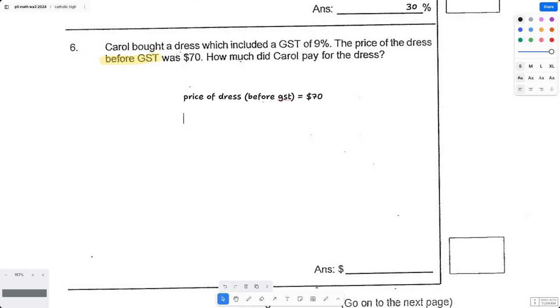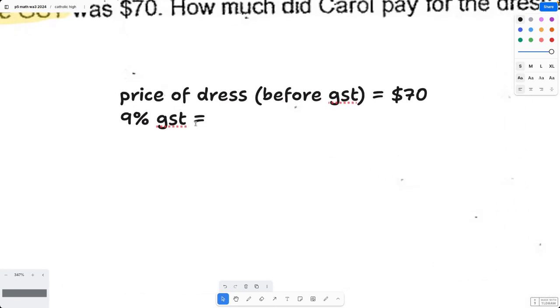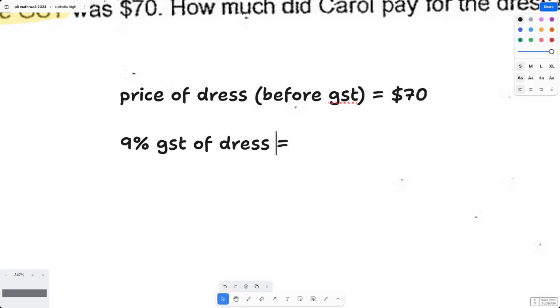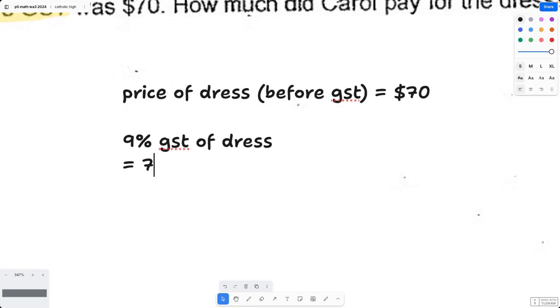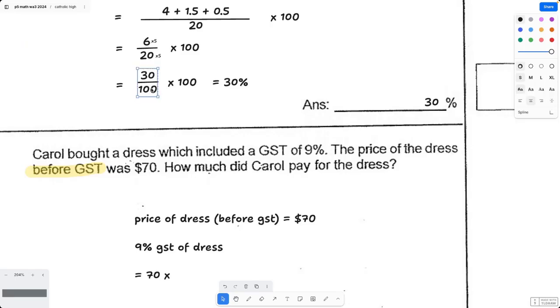Okay, so we want to get the GST pricing 9%. So 9% GST is equal to how much, right? Of dress as well. Okay, is equal to, let me just put it down, which is 70 times. Okay, then I'm gonna put the fraction as well. So 9 out of 100.